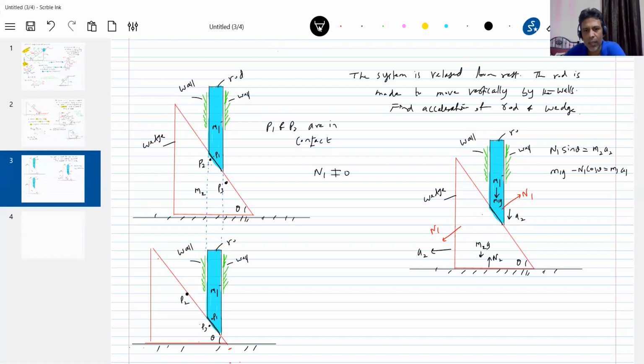So therefore now I'll proceed like this. This is the incline. First, the acceleration of the wedge, and the acceleration of the rod. In what direction must the accelerations be equal? Acceleration along the common normal must be equal.